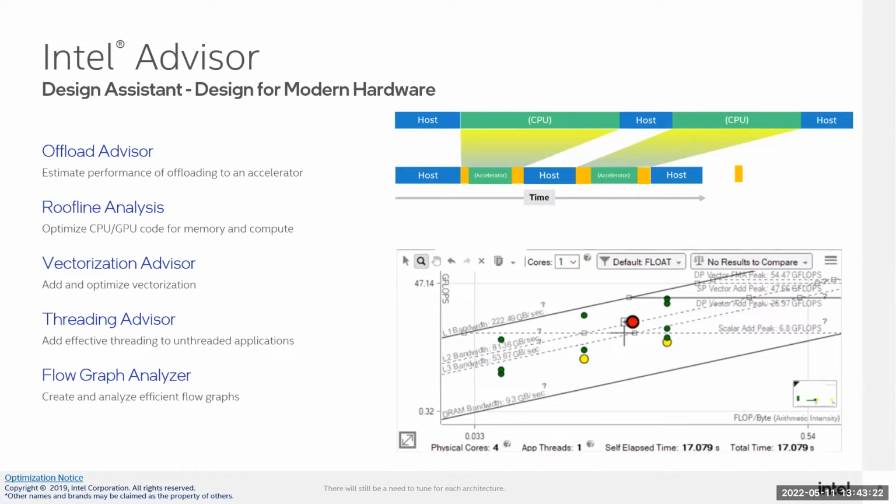So this is a whole set of tools that comes as part of the oneAPI base toolkit, and it can help you during the design phase, and also to profile your applications using different tools.